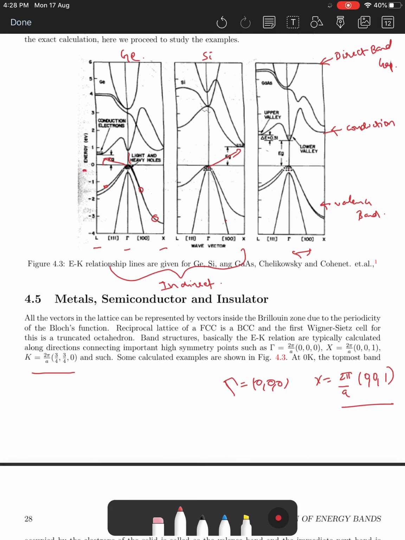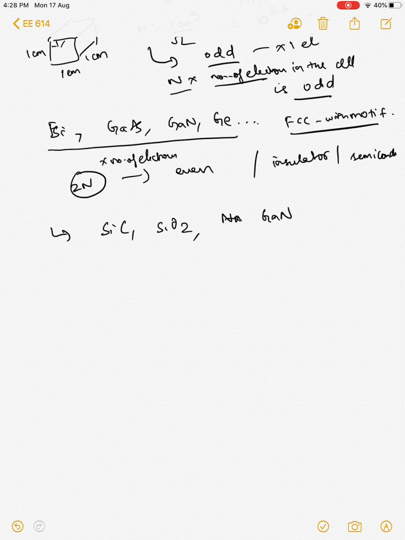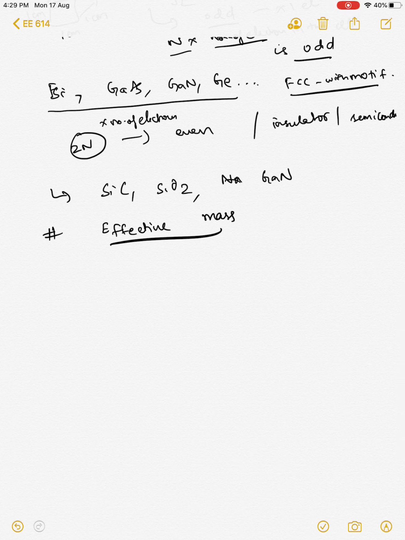So with this, there is another definition which is of crucial importance for solid state physics, which is called an effective mass. So we saw the treatment of a free electron, right?